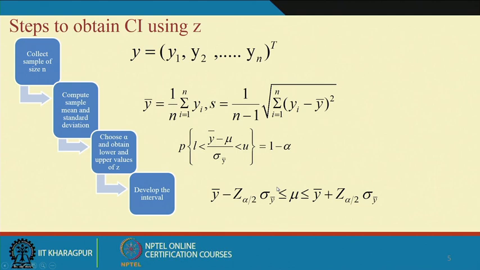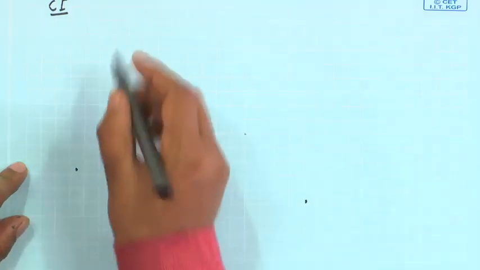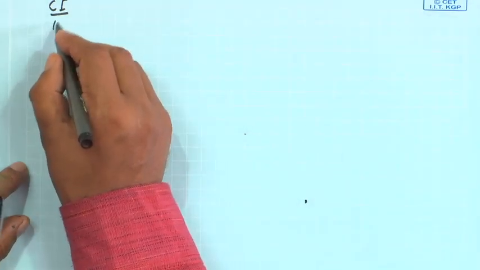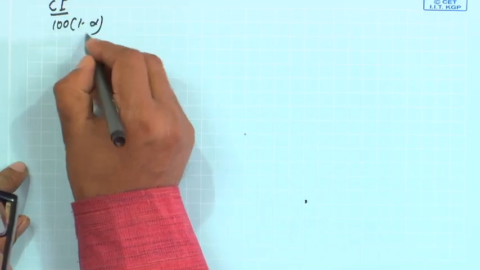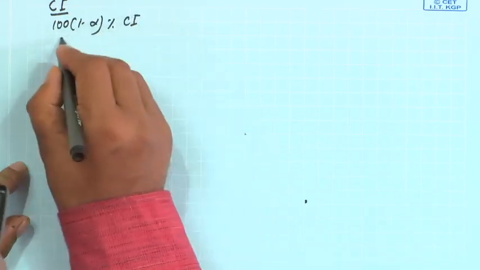Okay. Now, I will give you the steps: how to obtain a confidence interval. So, for the confidence interval CI, we will rather prefer to write 100 into 1 minus alpha percent CI.